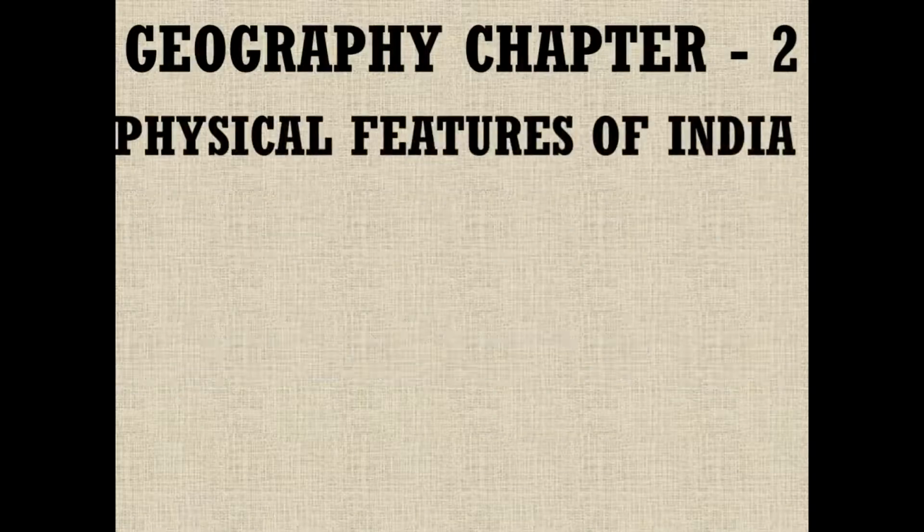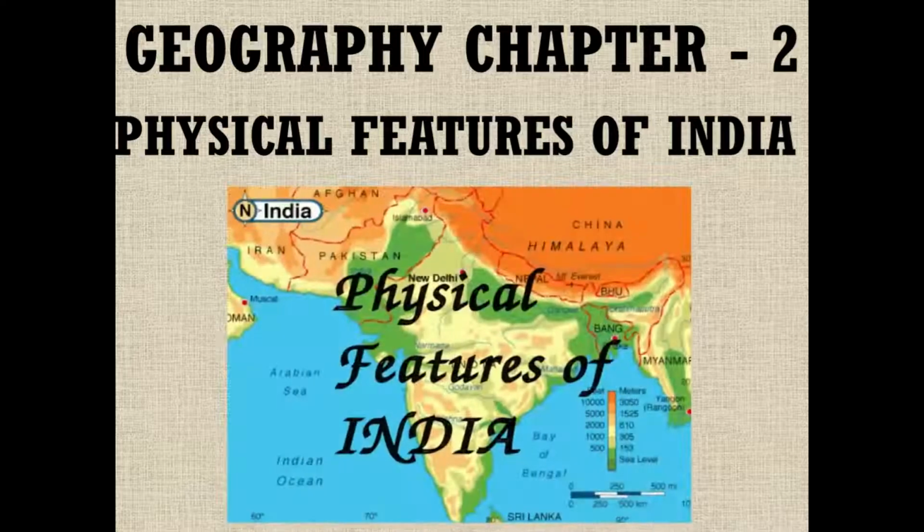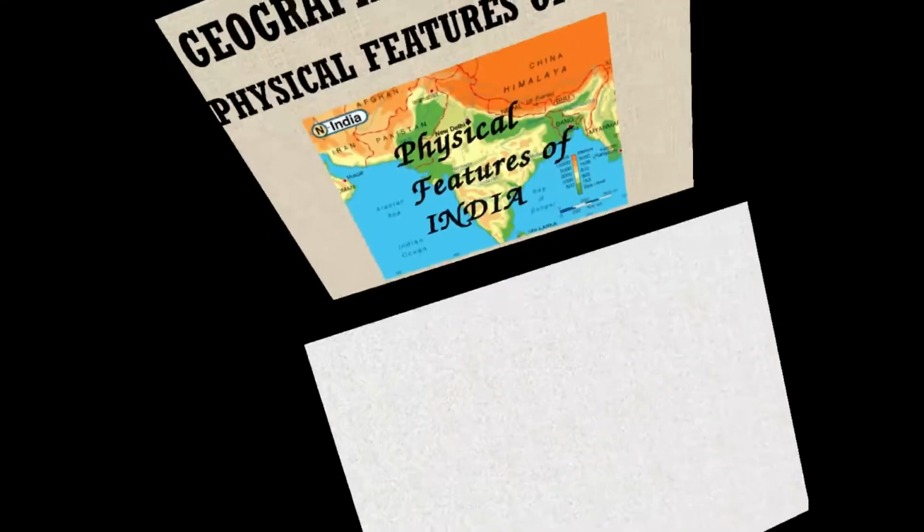Today we are going to see Geography Chapter 2, Physical Features of India. Now we are going to see part 1. In part 1, we are going to see about introduction, major physiographic divisions.